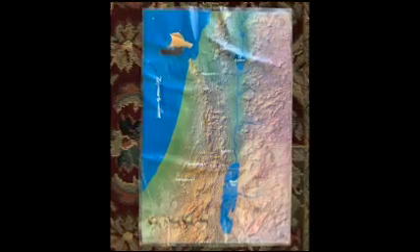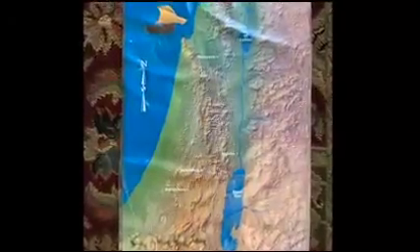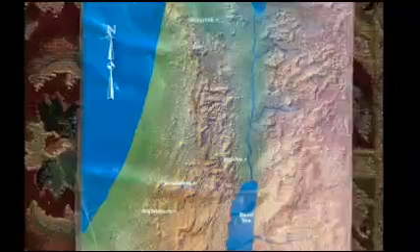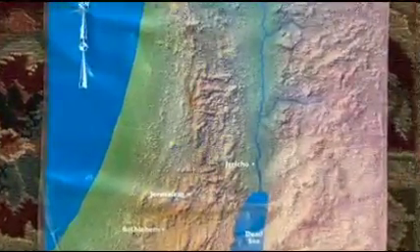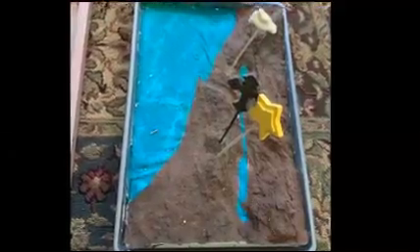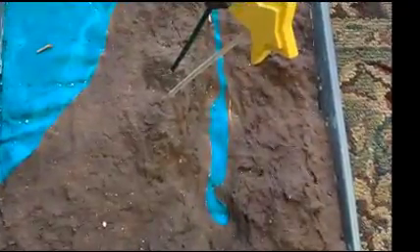Topographical maps show the highs and lows of land. You can see the high mountain areas and the low valleys and the blue waterways. Israel is a land that had water between mountains, and the waterways have names.